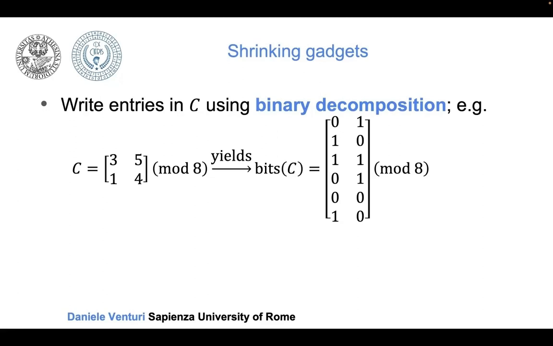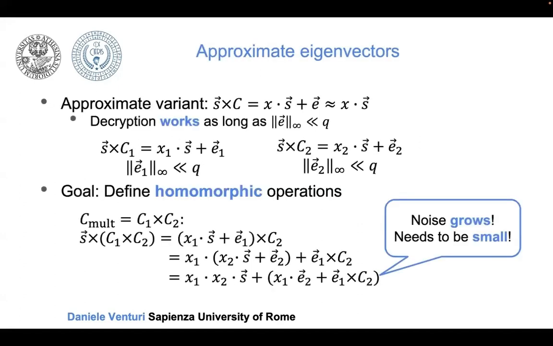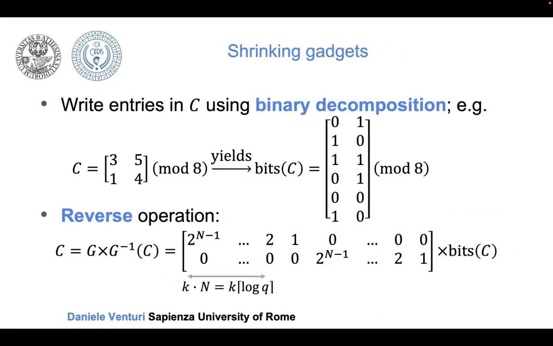What is nice about this bits of C matrix is that the entries are small. If bits of C were here instead of C, that would be good, because now the noise would be small. Moreover, notice that you can invert this. How do you go from the binary decomposition of C to the original C?